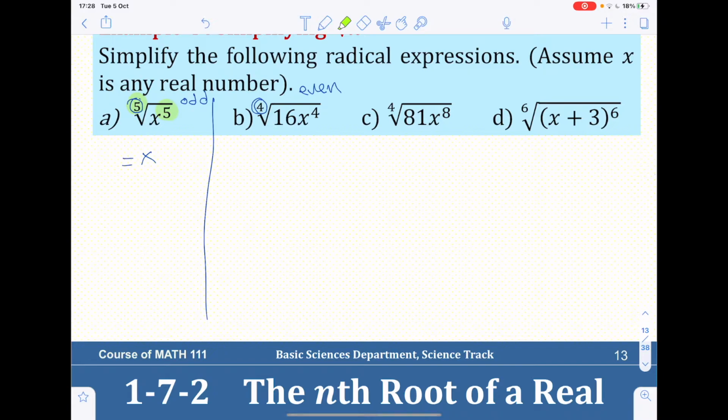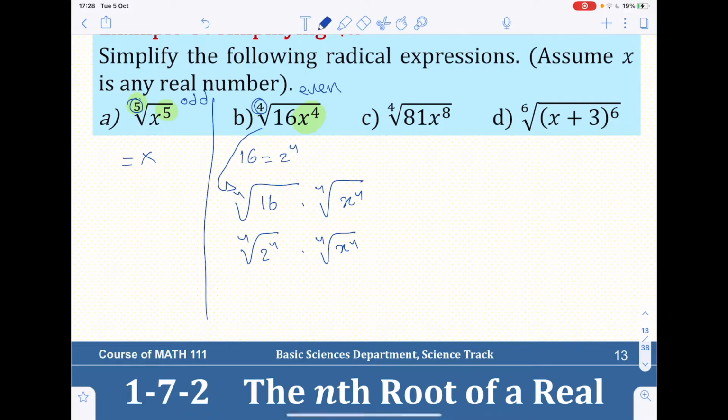So this is ready to be cancelled, but the 16 is not ready, so we write 16 as a number to the power 4. You know that 16 equals 2 to the power 4. So let's write the fourth root of 16 times the fourth root of x to the power 4. This would be the fourth root of 2 to the power 4 times the fourth root of x to the power 4.